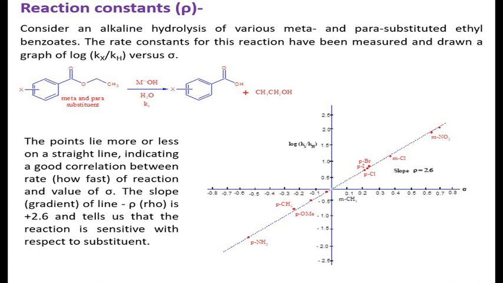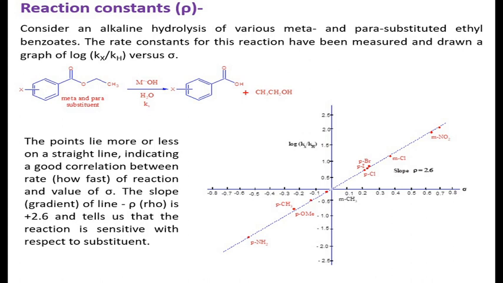In the graph, on the y-axis there is log of kx upon kh, and on the x-axis there is the substituent constant sigma. In the case of hydrolysis of ethyl benzoates, a straight line is obtained. The points lie more or less on a straight line, indicating a good correlation between rate of reaction and the value of sigma.